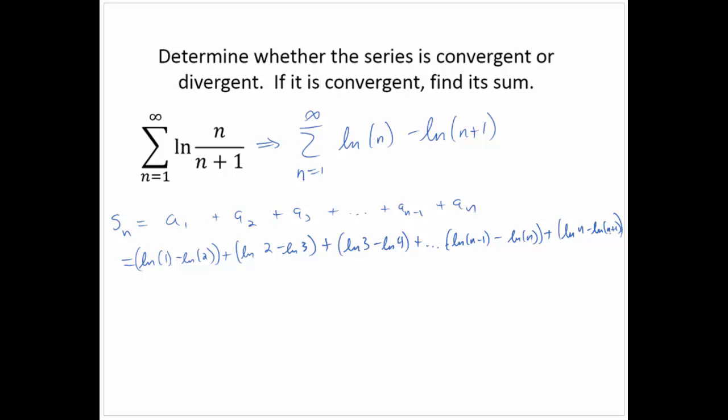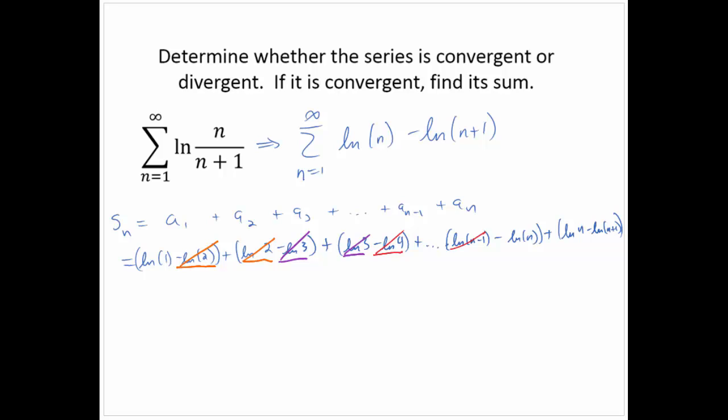So now look at what happens here. If we look at all the terms, I've got a minus natural log 2 and a plus natural log 2. I've got a minus natural log 3 and a plus natural log 3. I've got a minus natural log 4, and in the next term there's going to be a plus natural log 4. Similarly, this natural log of n minus 1 is going to go away.